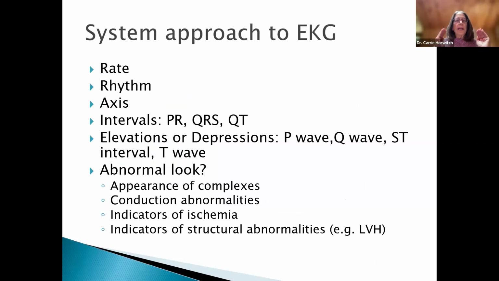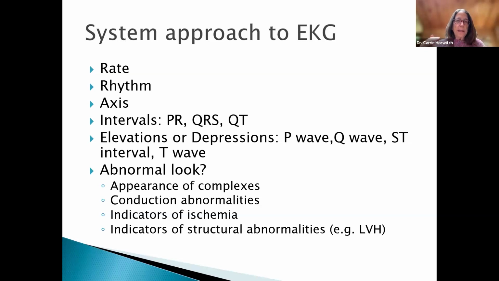Okay, so getting to our systematic approach to EKG. This is my system. And again, if this works for you, that's great, but I would really try to go through each of these things and keep the same system every single time. So I tend to start with what is the rate, meaning how fast or slow is the heart going?